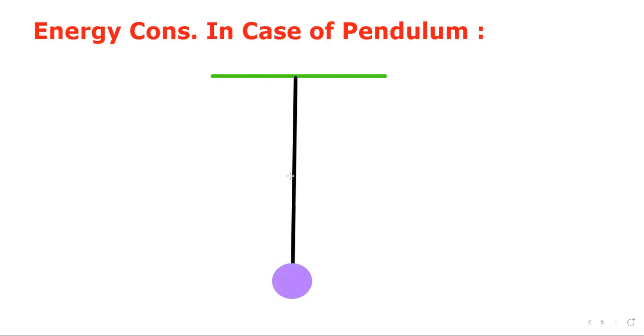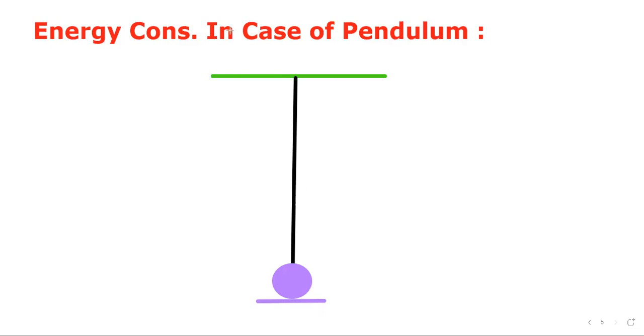Let's assume that this is the mean position of the pendulum. Mean position means this is the position where the pendulum actually rests.